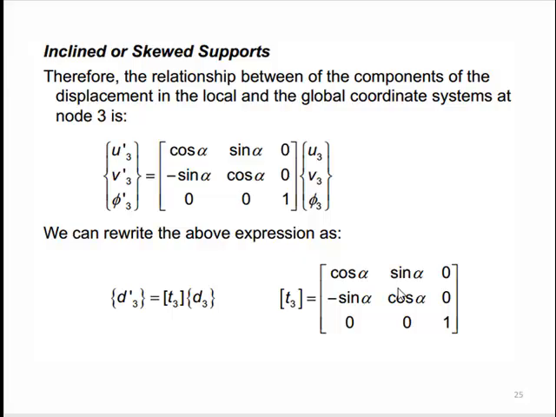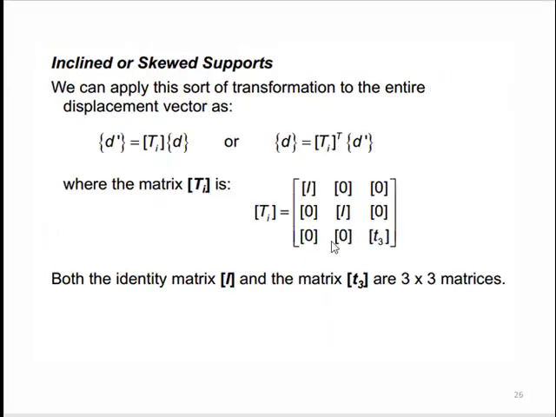And I repeat that we are doing this for node number 3 only because we have a skew support here. Let's say in the problem that you are solving, you have a skew support at node number 2, then you will make T2 instead of T3, and that will be placed here, and at this place you will have an identity matrix.